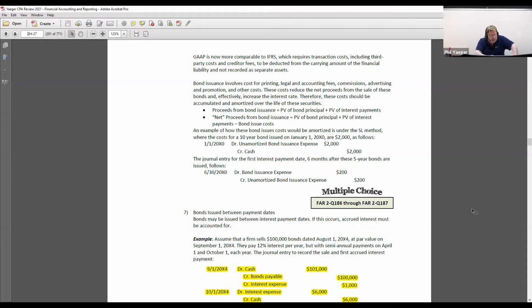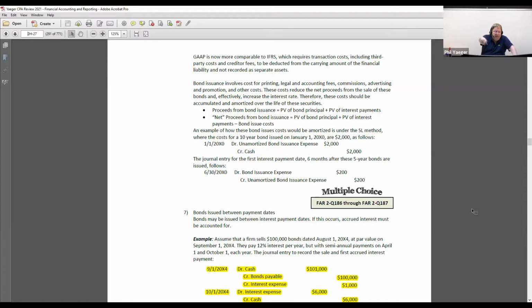Now, let's assume we have that scenario and it's 55 months. Let's assume the issue costs are $2,000, and let's make it a 5-year bond, or 60 months.